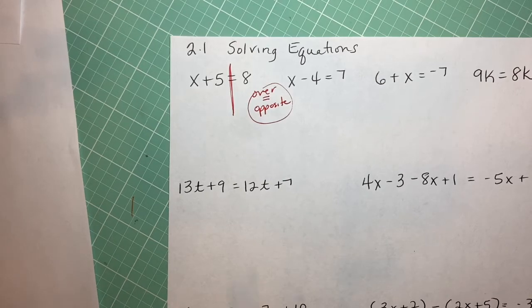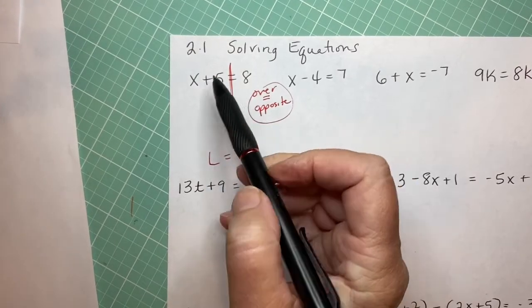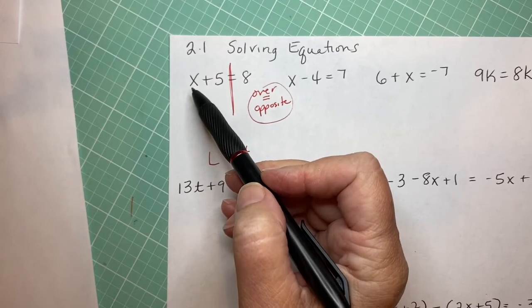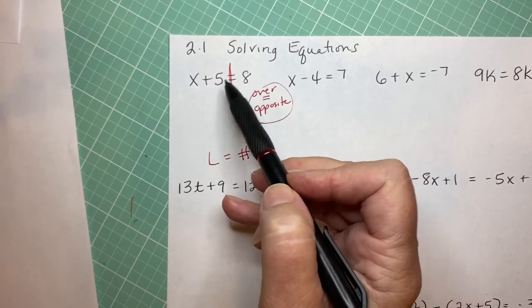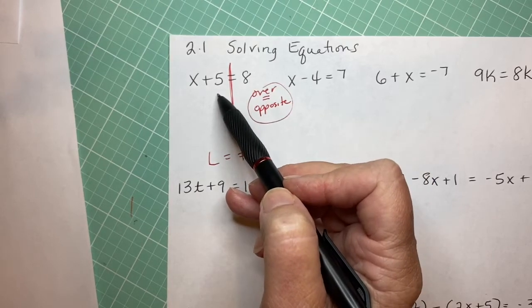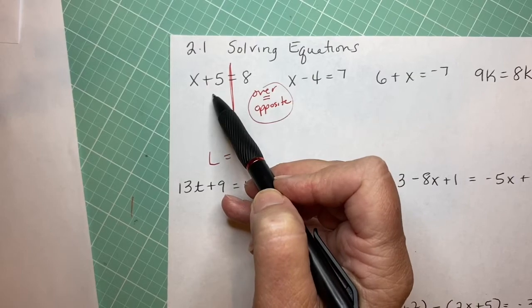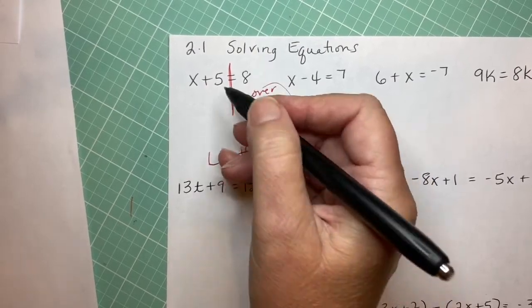So we're also thinking that I want to get my letter on the left and my number on the right. If you notice, my letter's on the left, so that's really good. But I have a number on the left side of the equal and a number on the right side of the equal. So I need to move my number over to the right. If I want to move this 5 over the equal sign, I can do that by the opposite.